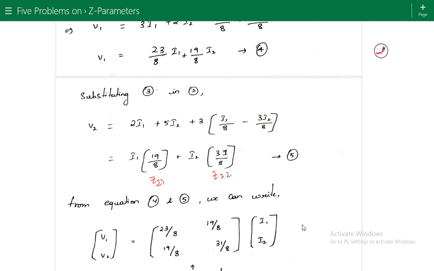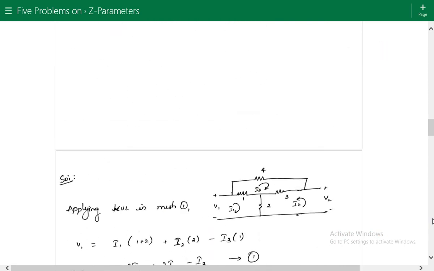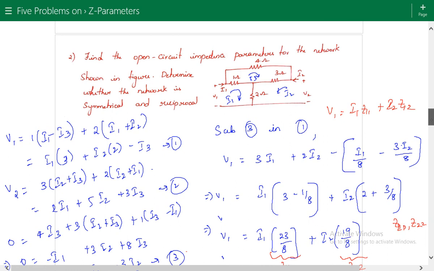So see here what we got from the Z parameters: Z11 is not equal to Z22, so it is not a symmetrical network, but Z12 equals Z21, so it is a reciprocal network. In the beginning itself, just by looking at the figure, we said that the given network is not a symmetrical network but a reciprocal network.